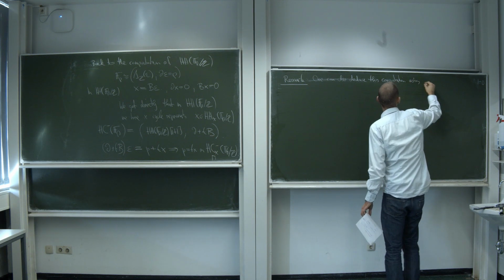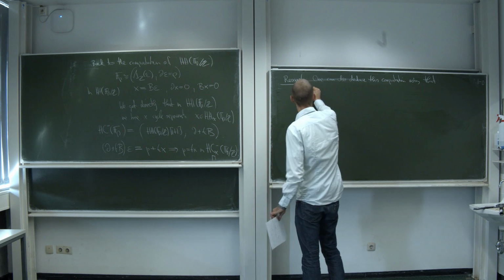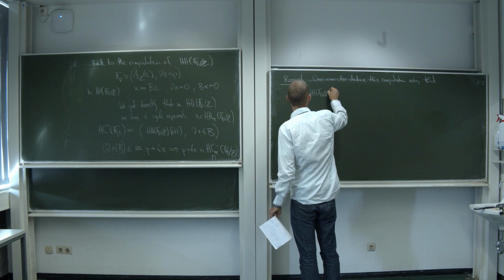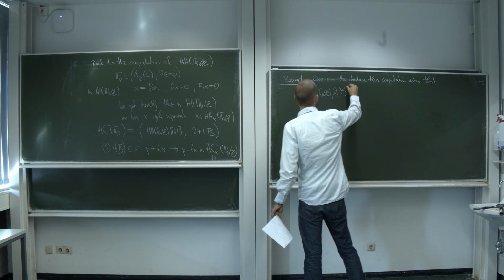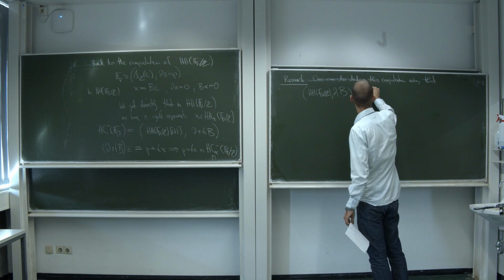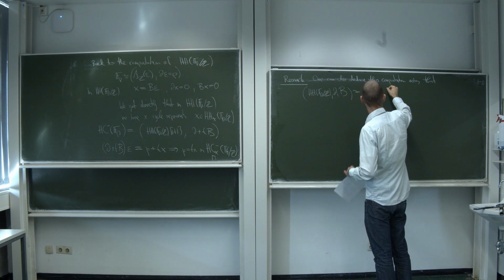using that Hochschild homology of F_p relative to Z, together with the partial and B, is quasi-isomorphic to the following guy. So I've just put epsilon and adjoined an x here.